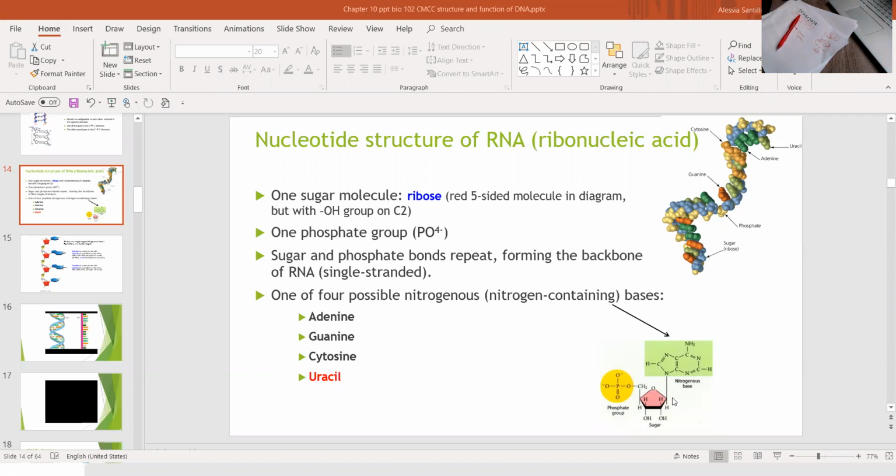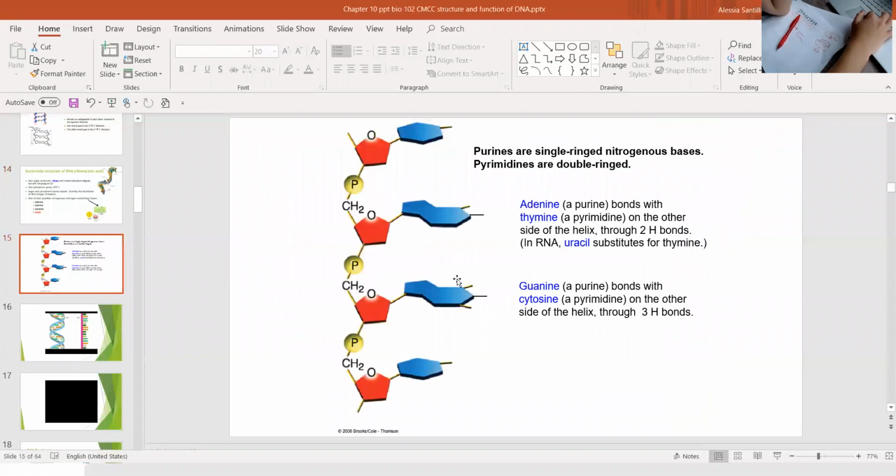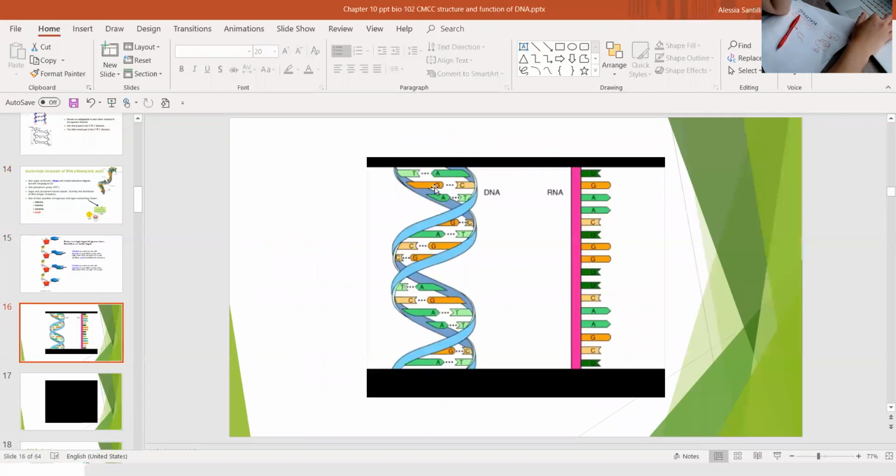And the third and final difference is that RNA's nucleotides are adenine, guanine, cytosine, and uracil. So it has uracil instead of thymine. You can see that it's just one strand right here. So DNA has two strands, RNA is one strand, and it has uracil.